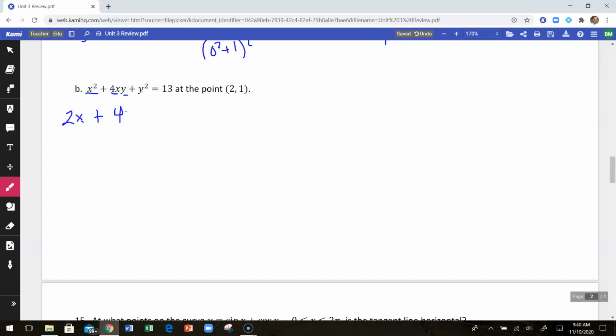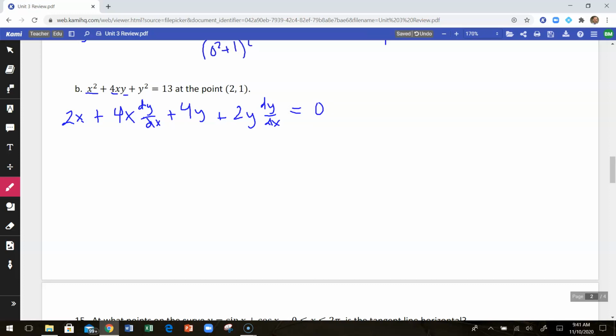So the first times the derivative of the second plus the second times the derivative of the first. So the second is y, the derivative of 4x is 4, so that would give me just plus 4y there, plus the derivative of y squared, which is 2y dy over dx, and then that's going to equal the derivative of 13, which is 0.